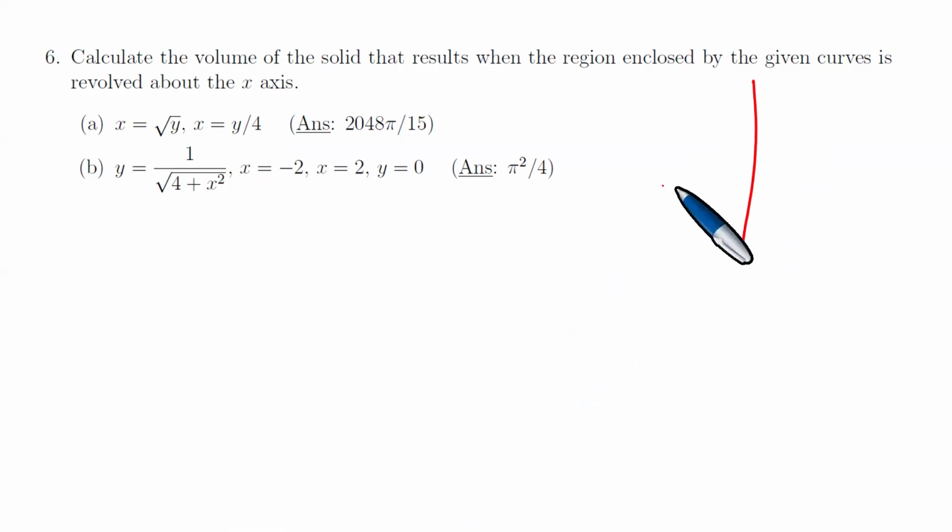Okay, now let's just picture what we're dealing with here. So x equals the square root of y is what kind of graph? Yeah, it is the same as x squared equals y. So it is just going to be exactly this here.